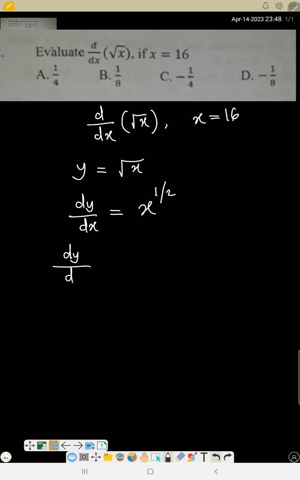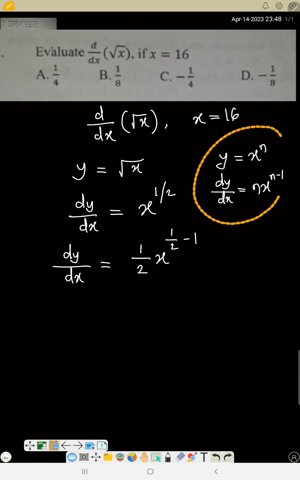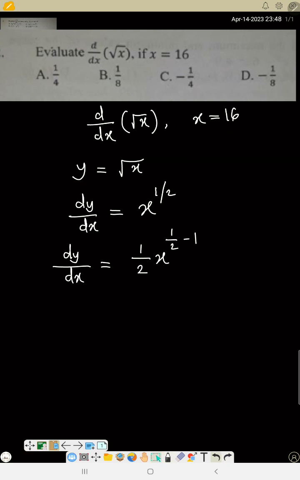So dy/dx is equal to half x raised to power half minus 1. Remember, if y is equal to x^n, dy/dx is n x^(n-1). That is the power rule that we use there. Watch my video on beginning of calculus so you understand how to do the simple differentiation here.